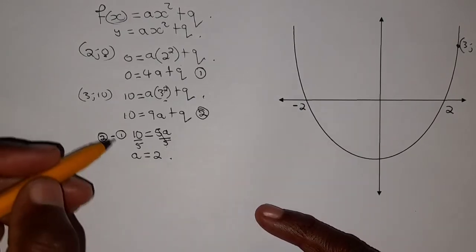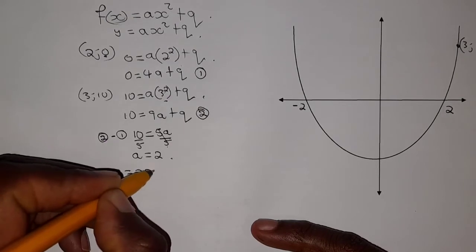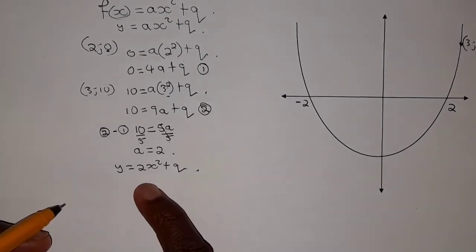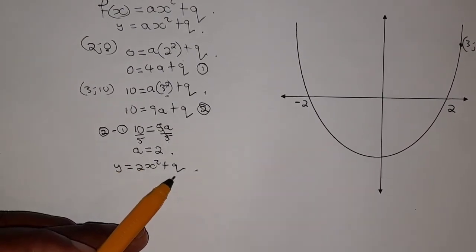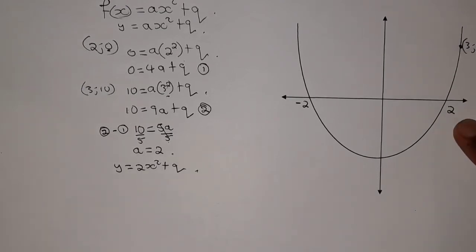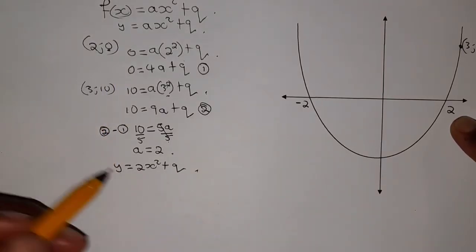And then I go back to my equation. Y is equal to 2x squared plus q. I now have the value of a. I need to find the value of q. How do I do that now? Let's use this one, that is 2 comma 0. Let's substitute again.